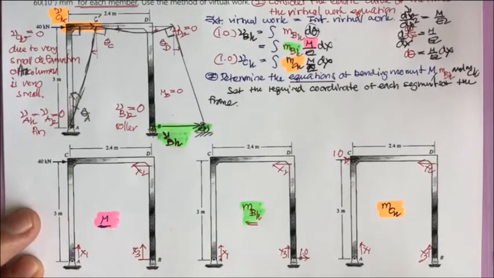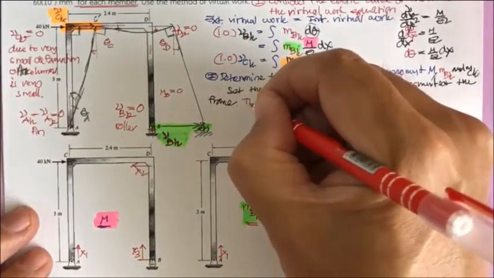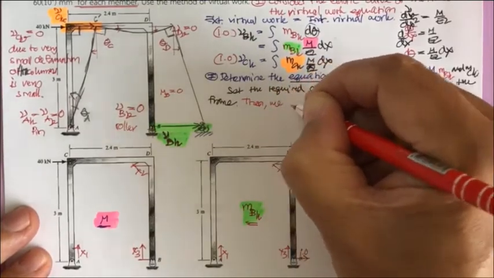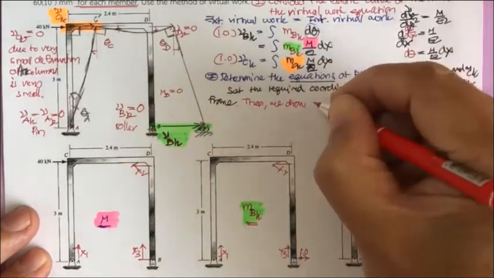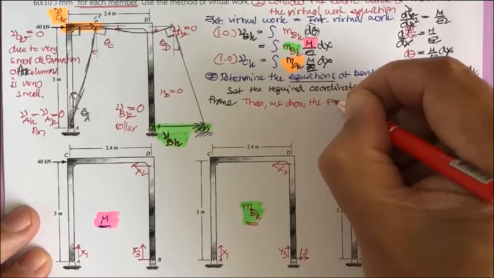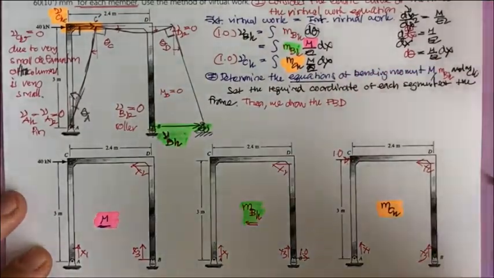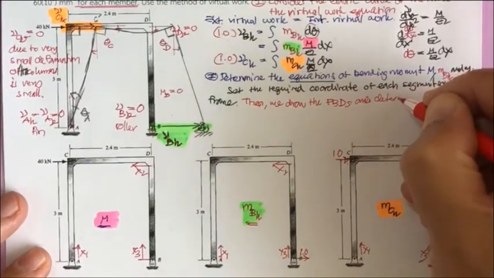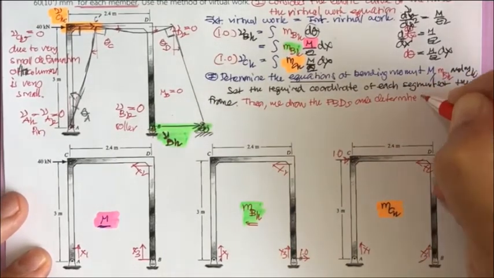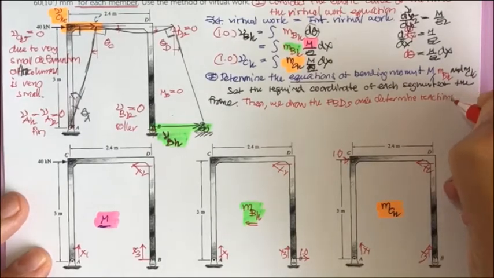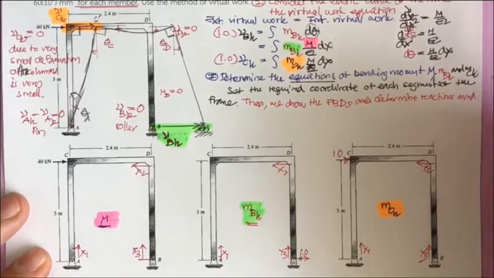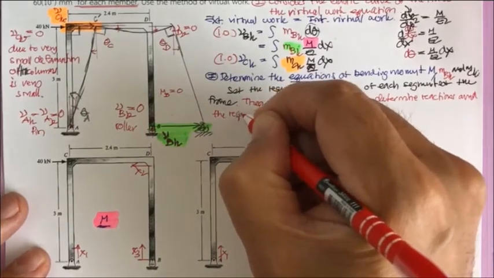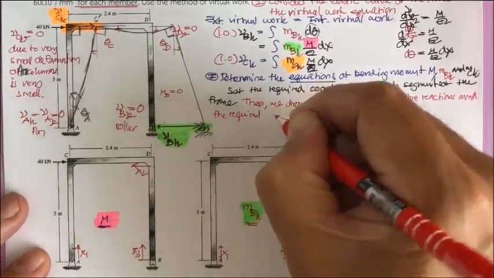So what next then? We draw the free body diagrams and determine the reactions and the required bending moment.